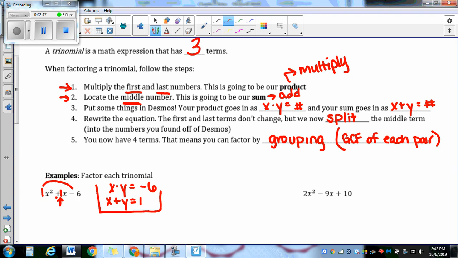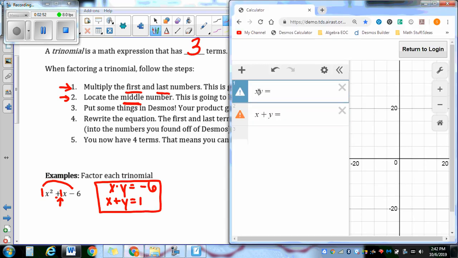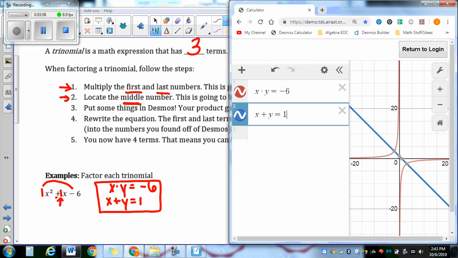All right, these guys have to go in Desmos now. I've already got Desmos up here. I forgot to put my multiplication symbol. Shift 8 for that little star right there. So I've already got x times y equals -6, and x plus y equals 1. And you can see that this is kind of funky.